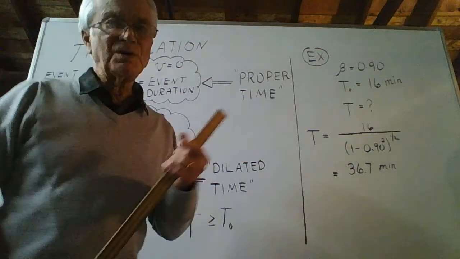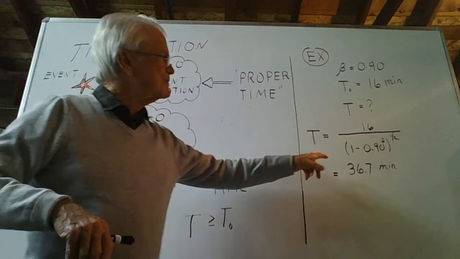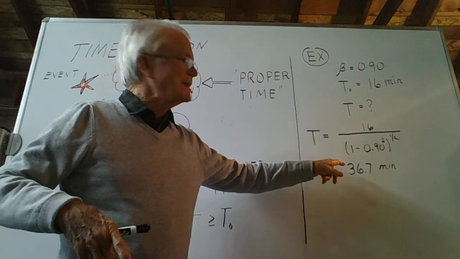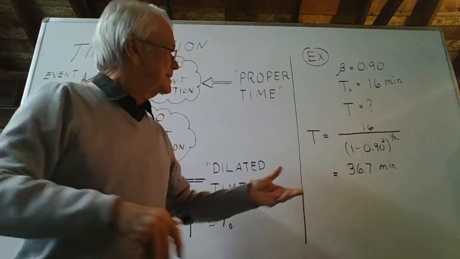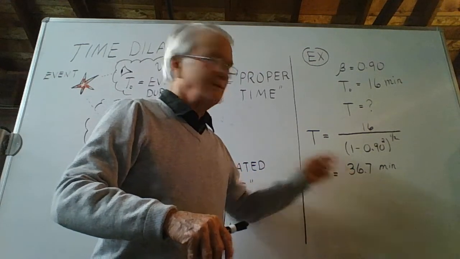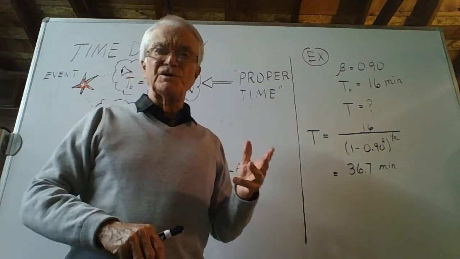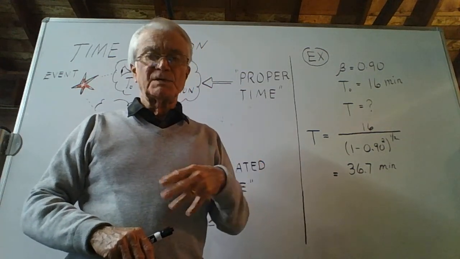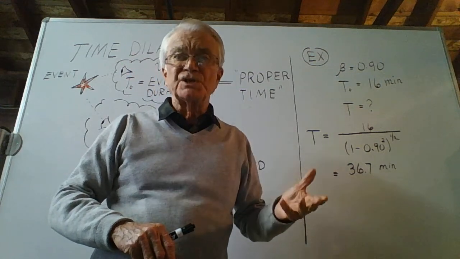Now it's important to understand that the observer that says the amount of time the event took to be completed is not measuring a false time or somehow suffering from or experiencing an illusion.